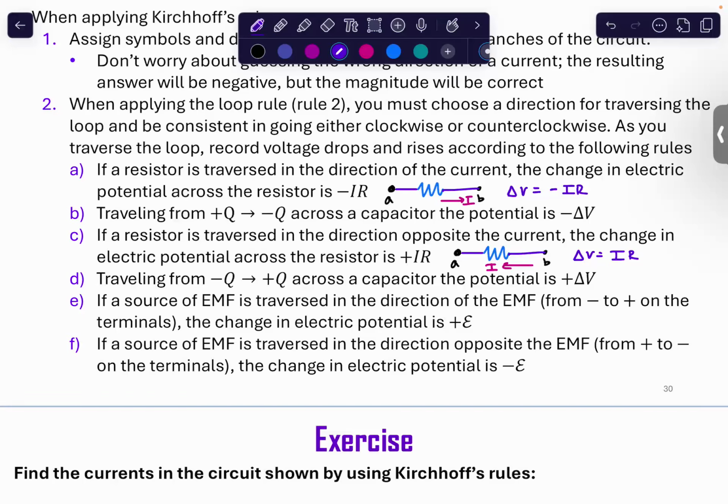So if you're going from A to B, this one will give you positive EMF.